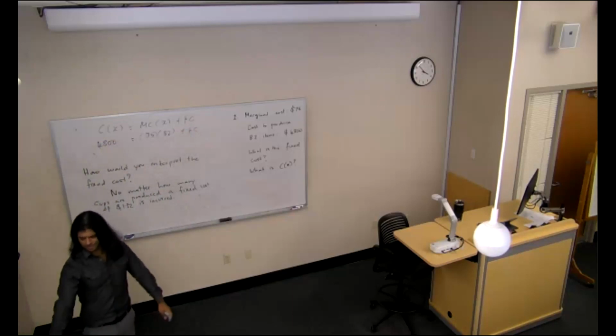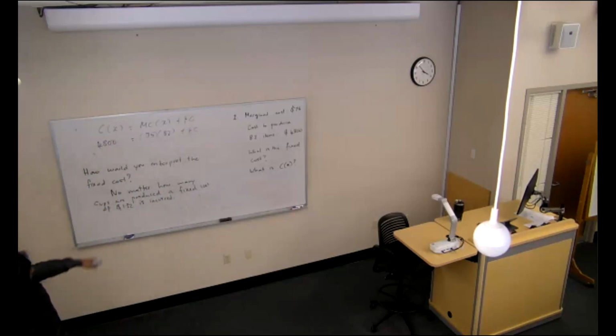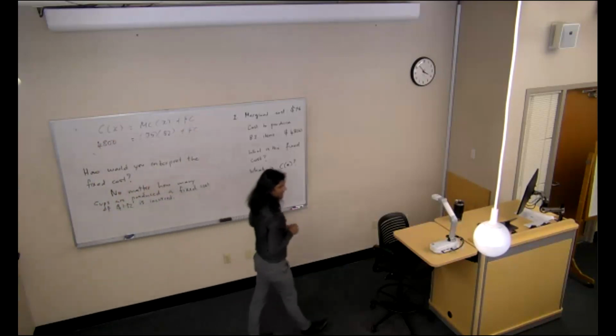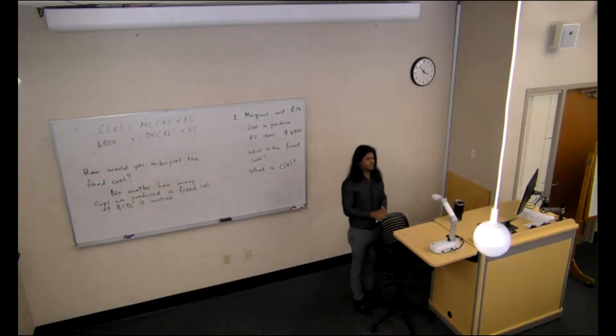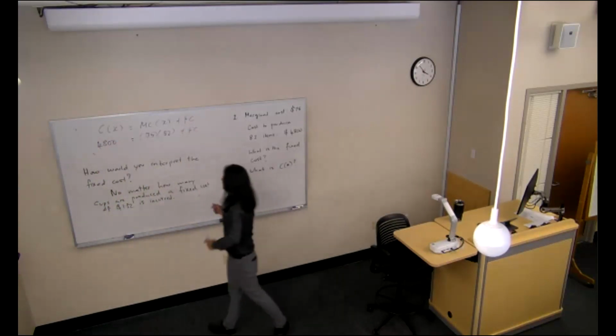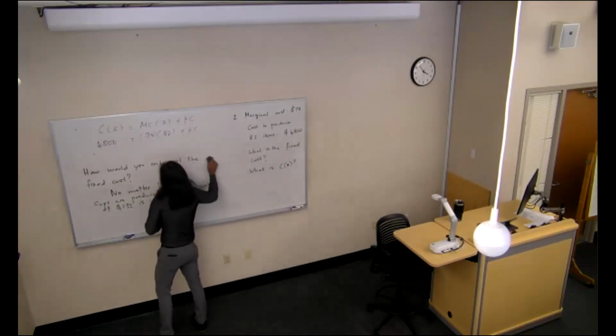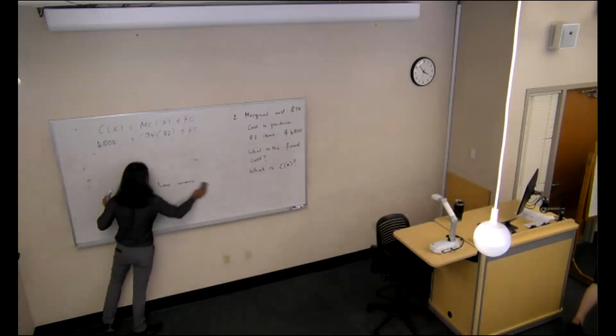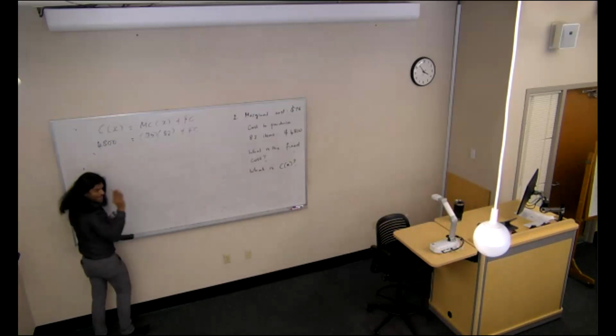What stopped you from going past that? Did anyone else get stuck in that step? Did something stop you? I thought I was wrong because it came out as a negative number. Very good. So another hint.